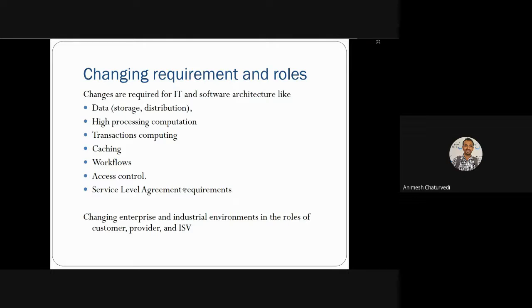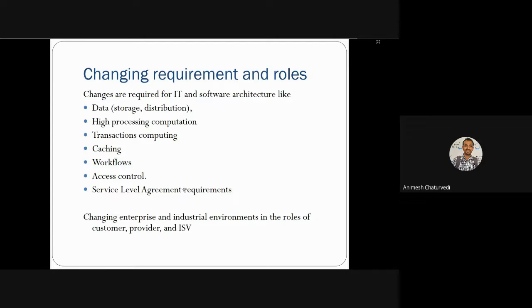Then high performance computing, that is, how large processors or large size of RAM could work together. Then transactional computing, like database transactions, where various transactions happen. This type of computing needs to be efficient.